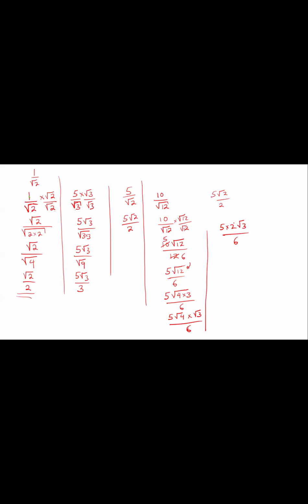So here when you try to reduce by 2, 6 divided by 2 will be 3. So you end up with 5 root of 3 out of 3. So that is the one in simplified form. So I don't know whether that's what we had. Favor, is it what you had?